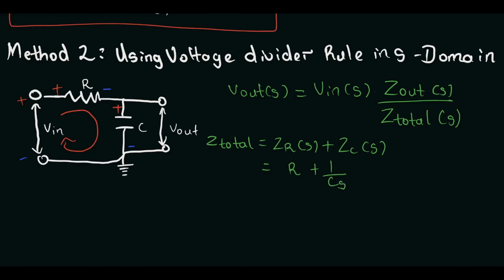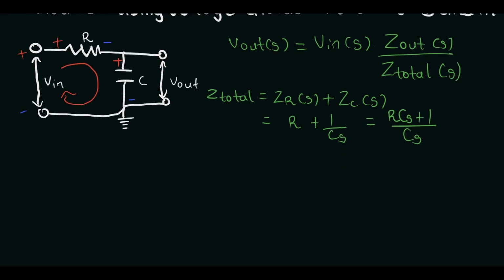That will now be equal to RCS plus 1 all over CS, after adding it up. I hope you understand it. Our Z out will be equal to ZC because it's right here, it's outside here. So that will now be equal to 1 over CS.